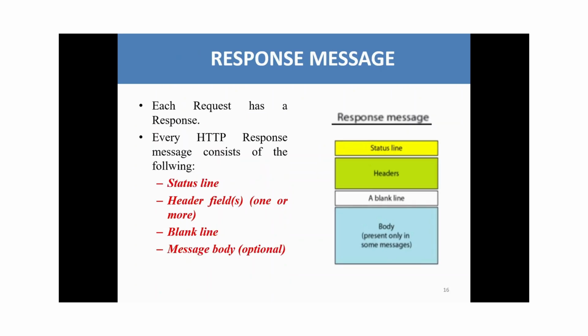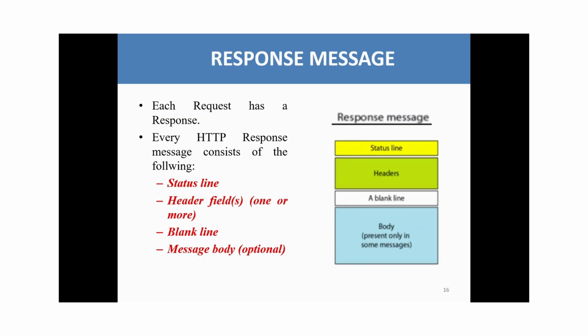Next is the response message, which is performed at the server side. Every HTTP response message consists of a status line, header field, blank line, and the message body. The status line mainly describes the status of the request given by the client to the server.